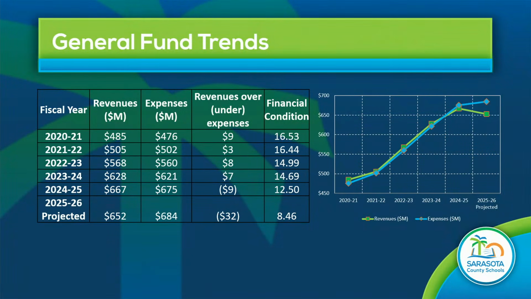So when you look at our general fund trends over the last few years, you can see where our revenues and expenses lie. As you look at the last 24 and 25, there has been a shortfall of revenue over the expenses.